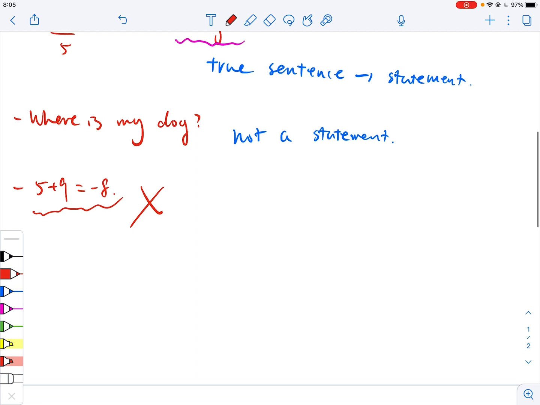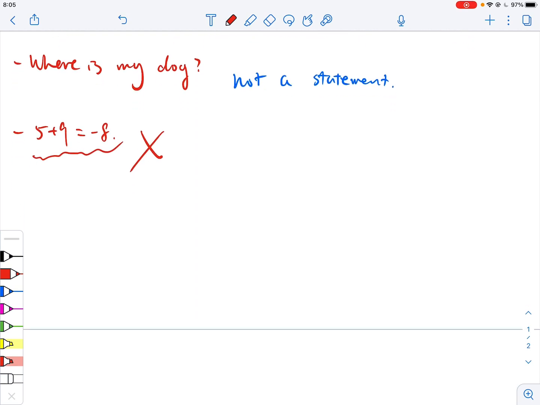I know that, but this sentence being false does not affect the fact that it is a statement. Although it is a false statement, it is still a statement, because a statement can be either true or false. So that's 4 examples, and I think that's going to be enough for now. I hope you can find some more statements.